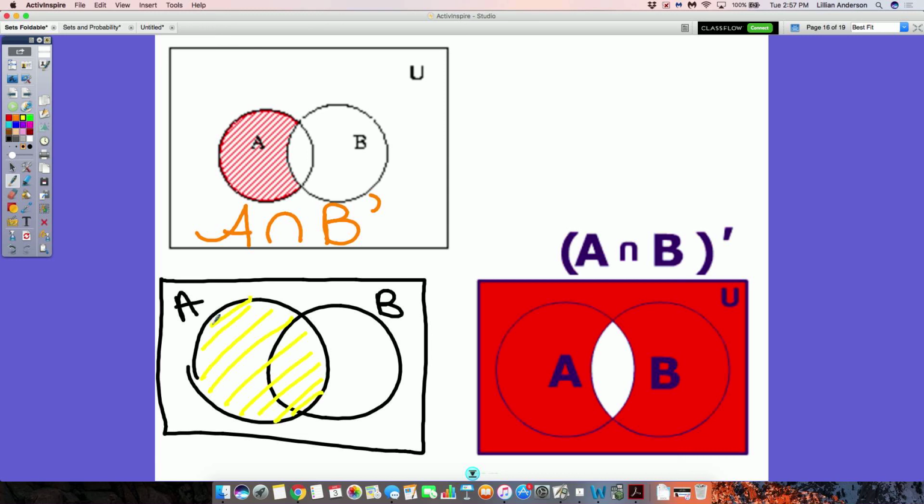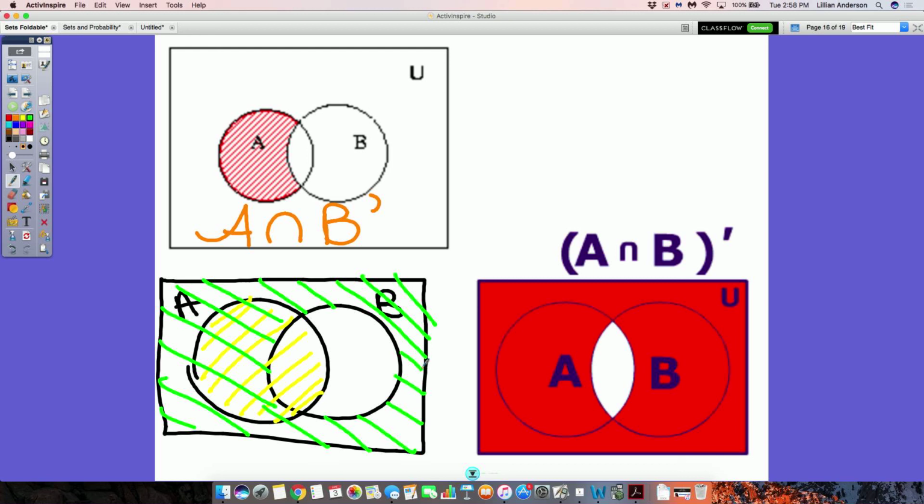Is everybody with me? Next thing I'm going to shade is B complement. B complement stands for everything not B. So I'm going to shade everything that's not B, which is going to be everything outside of circle B. Is everybody with me?